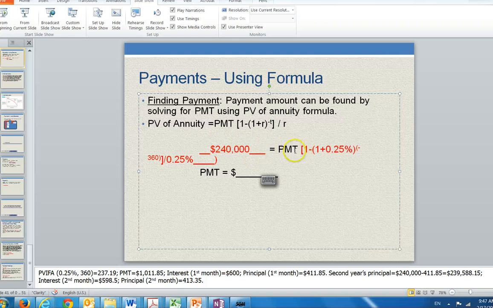Now we can solve for this payment by dividing both sides by this chunk: 1 minus (1 plus the interest rate) raised to the power of negative 360, divided by 0.25%.